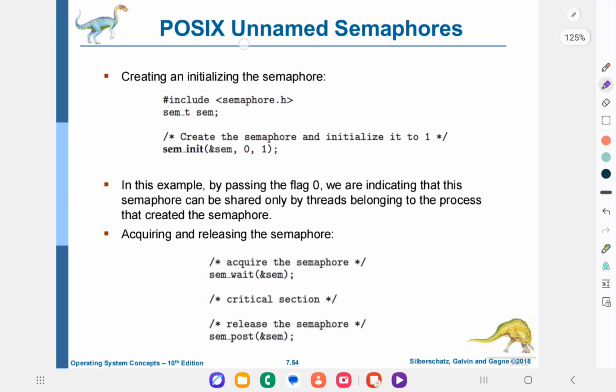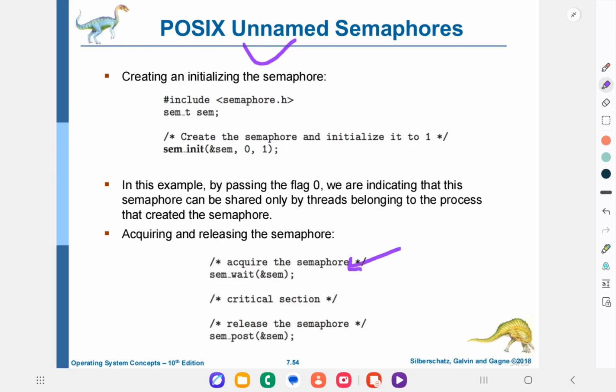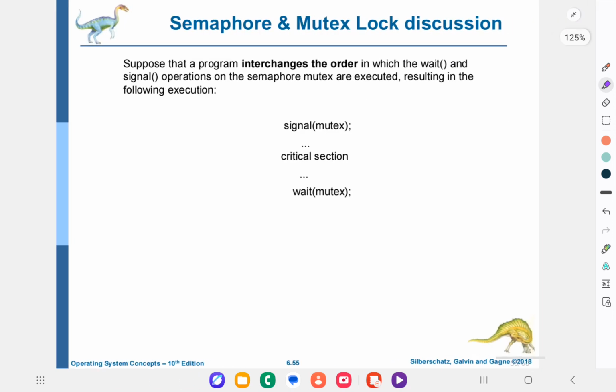For the unnamed semaphore, only the threads within the process can access the semaphore, but no other outside process or outside thread can access it because it's unnamed. It doesn't have this global name. Only those local threads to the process can use it to synchronize. So these are the wait and signal functions.